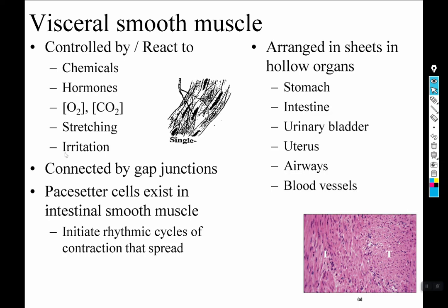So this is why, for example, if you eat the wrong kind of food with the wrong kind of bacteria in it, you can end up with diarrhea because your visceral smooth muscle of your intestine is moving food through your intestine too quickly due to it being annoyed by bacterial toxins, and that creates loose stools. So more than you ever wanted to know about diarrhea, but wait until next term.